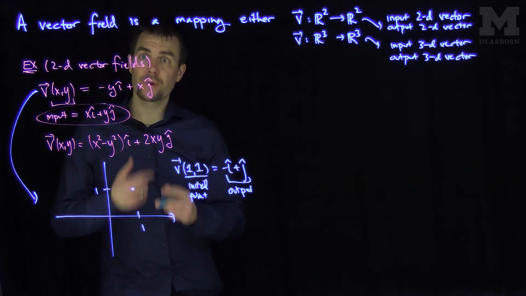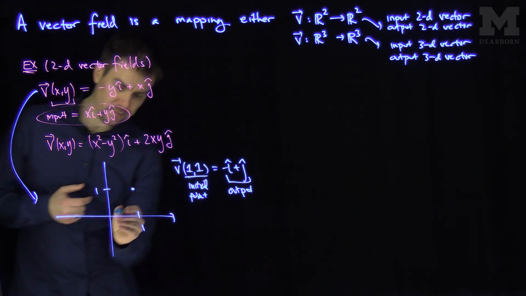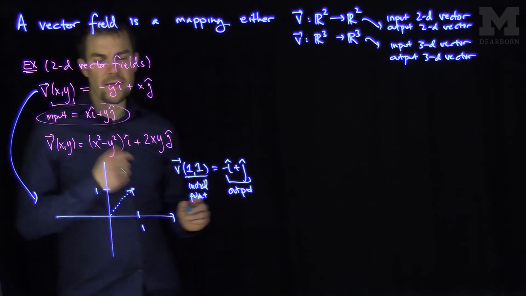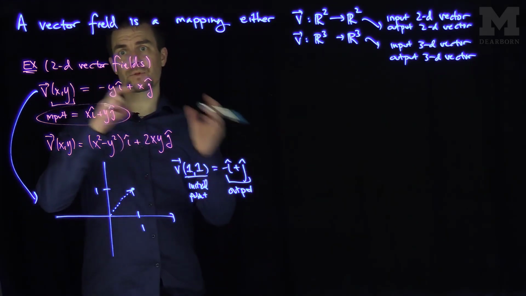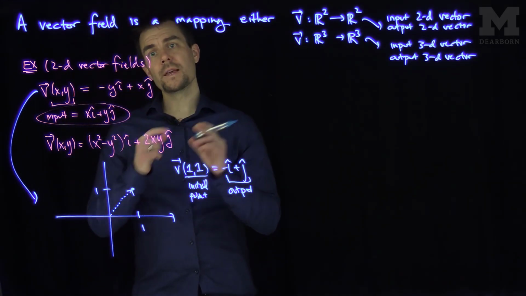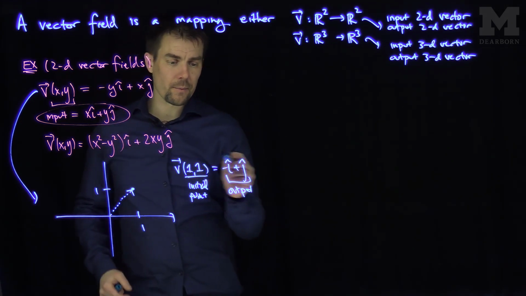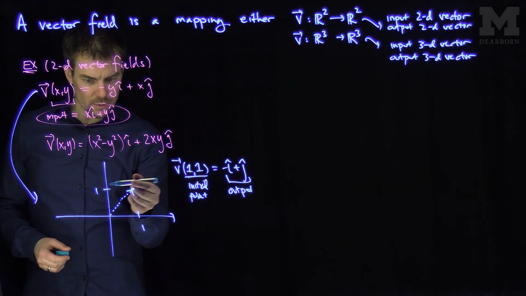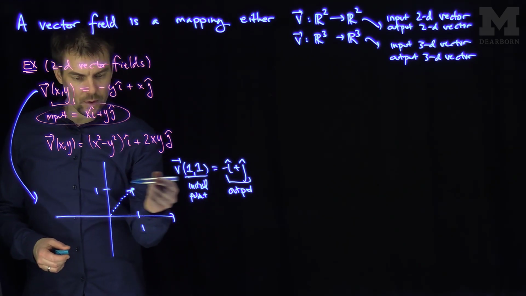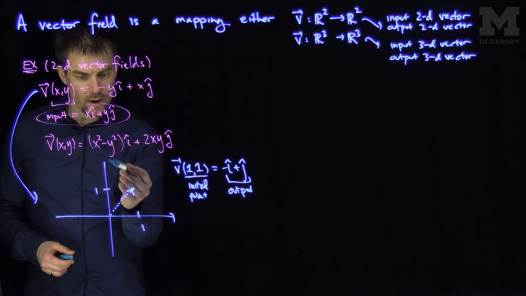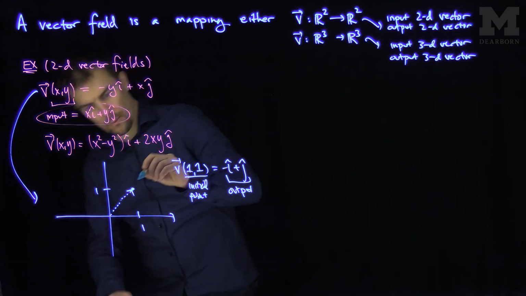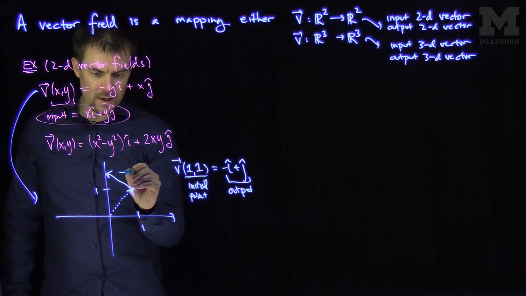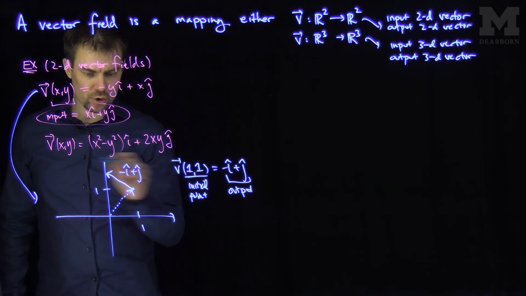That is my vector input. I input the vector 1, 1, which would be this vector over here. And then I output a vector that comes from the output of the vector field where the input vector ended. So I'm going to have a negative i and then positive j. So that would go over to the left 1 unit, and then up by 1 unit. So the vector field output over here will be this vector like that. So that's our vector output, negative i hat plus j hat.